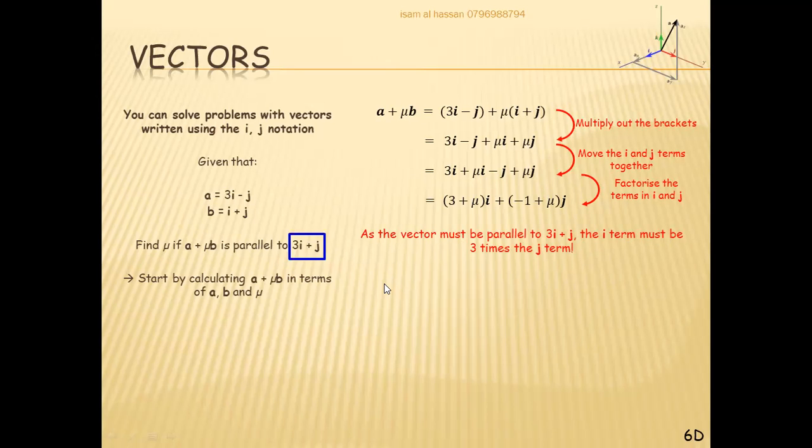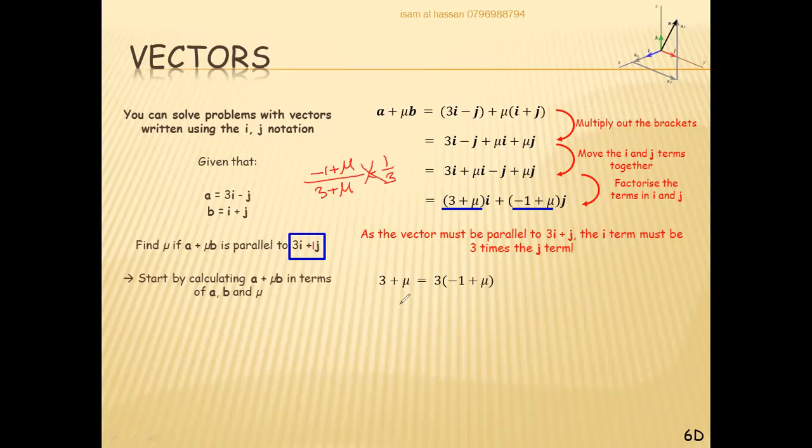So this implies that, as one vector is a multiple of the other, 3 plus mu equals 3. Or we may say the gradient of this vector, that's negative 1 plus mu, the y's divided by the x's plus mu, is equal to the y's 1 over 3.